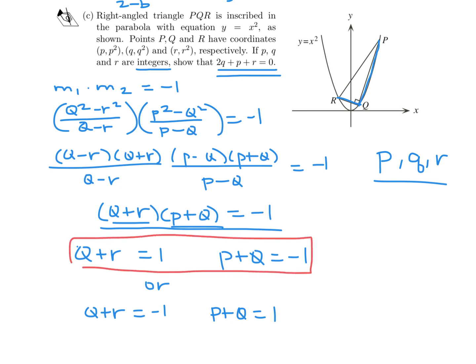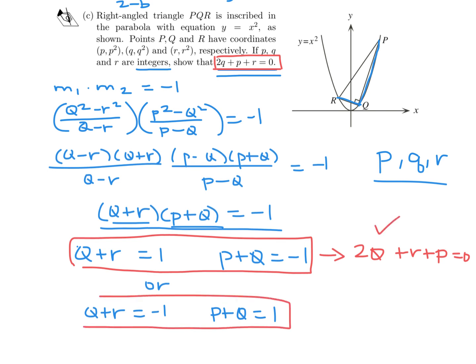If you add these two equations, you will get 2Q plus R plus P is equal to 0. So either way, I get what they want me to show.